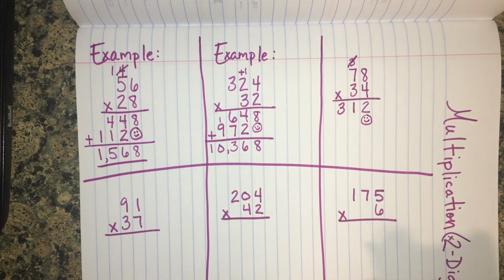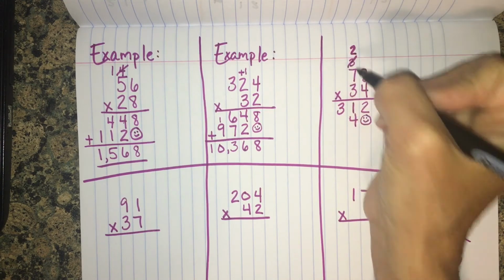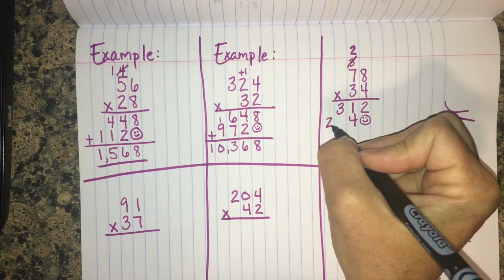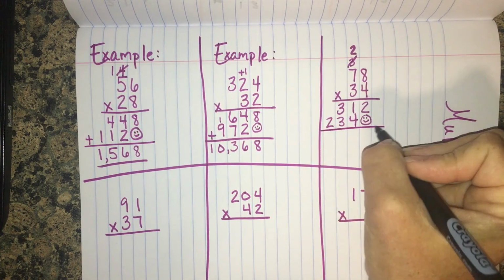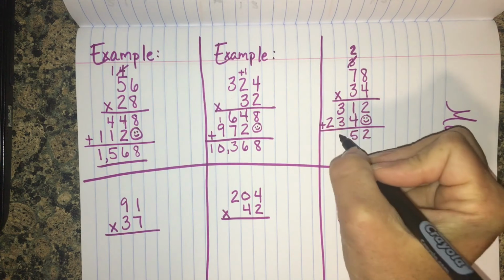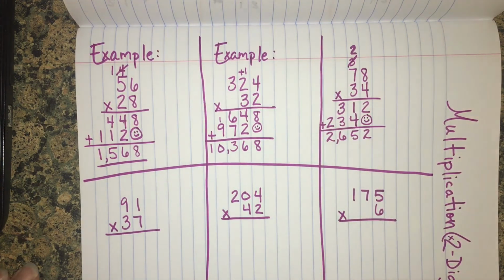I put a placeholder 0. 3 times 8 is 24. 7 times 3 is 21, plus 2 is 23. Now I'm going to add these up. And I get 2,652.